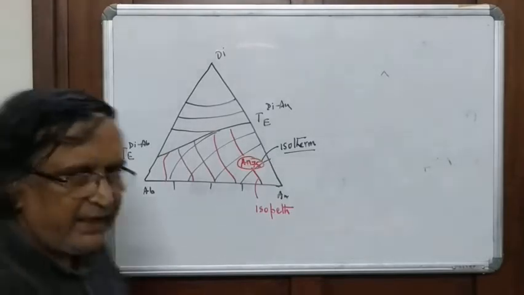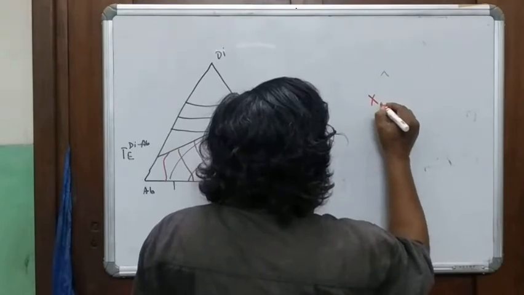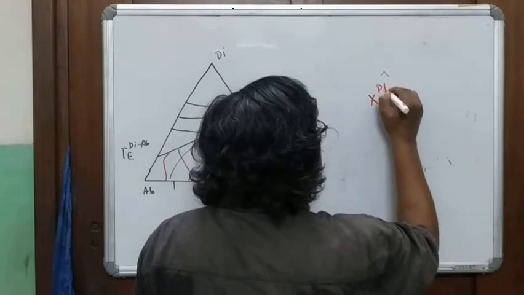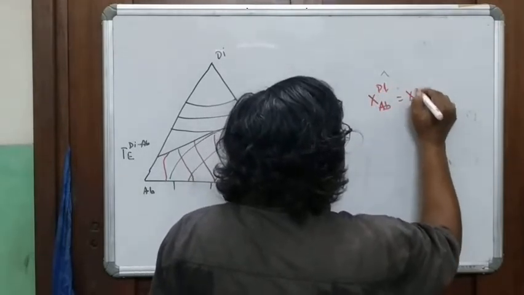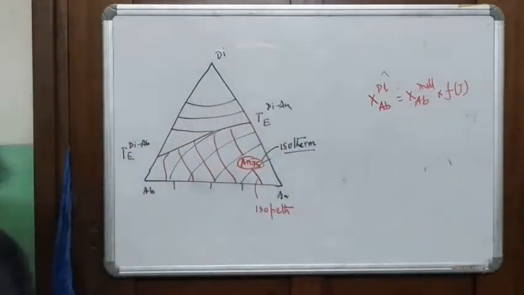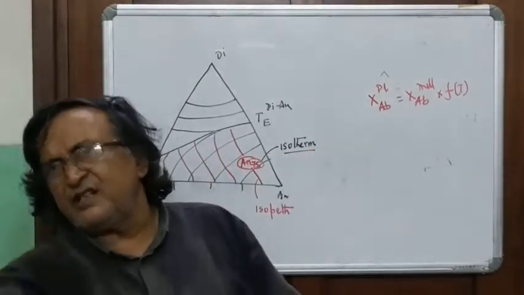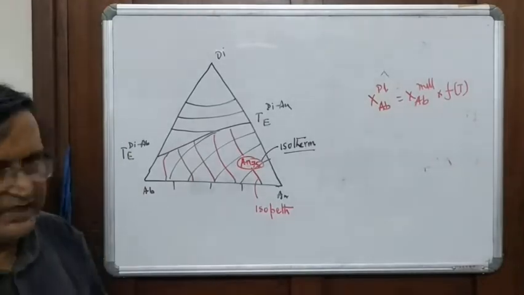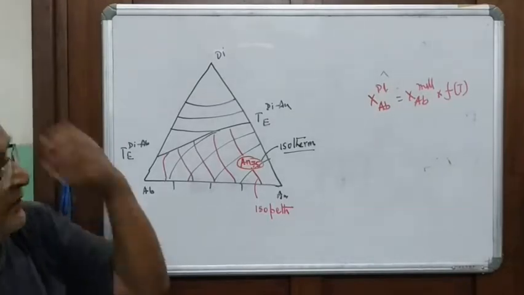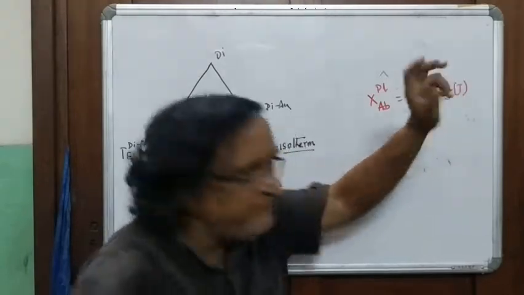Remember, I derived this equation just before: X albite in plagioclase is equal to X albite in the melt times a function of temperature. Did I write this before? Yes. So X albite in plagioclase, or 1 minus X albite, it doesn't matter: the composition of the plagioclase is a function of the composition of the melt and temperature.